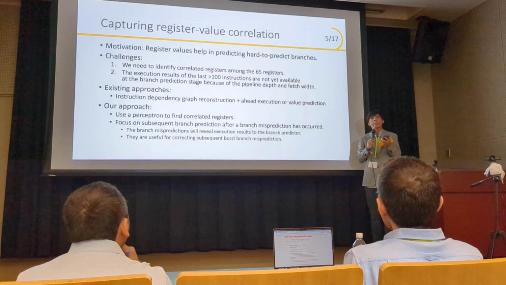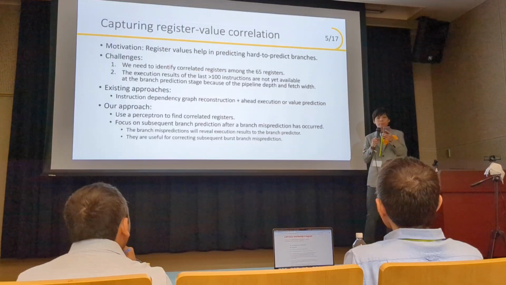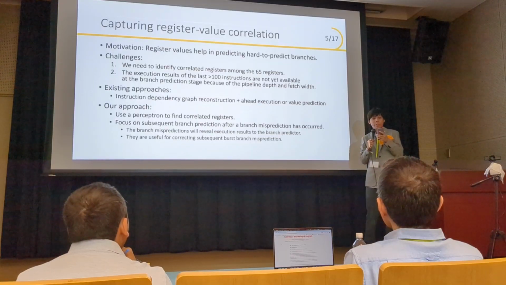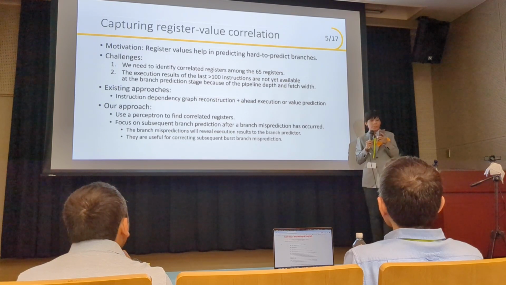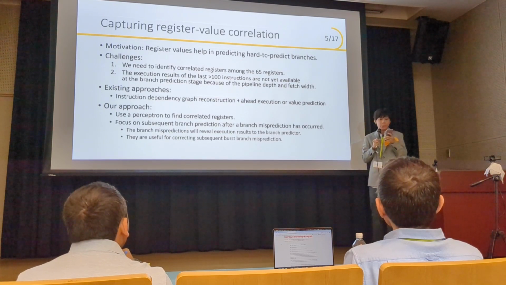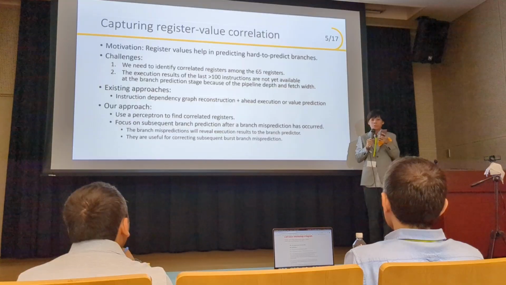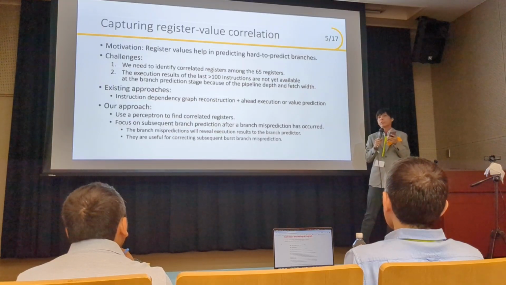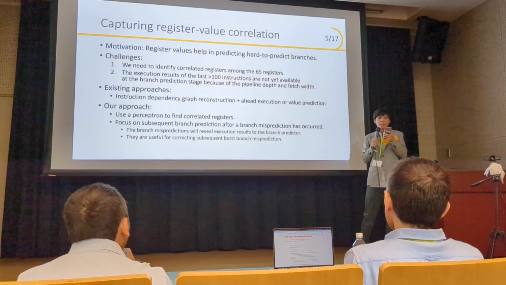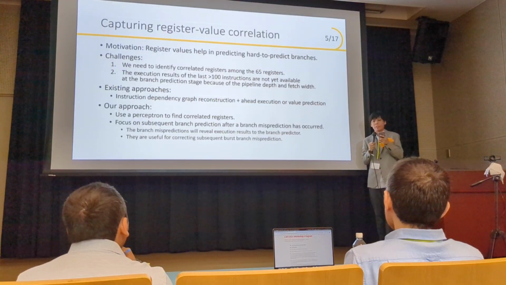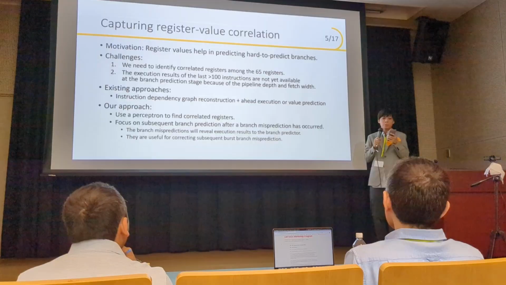However, we took a more direct approach. We use a perceptron to find correlated registers and focus on subsequent branch prediction after a branch misprediction. A misprediction flushes the pipeline, and it will expose execution results to the branch predictor. So it helps us correct subsequent branch mispredictions.